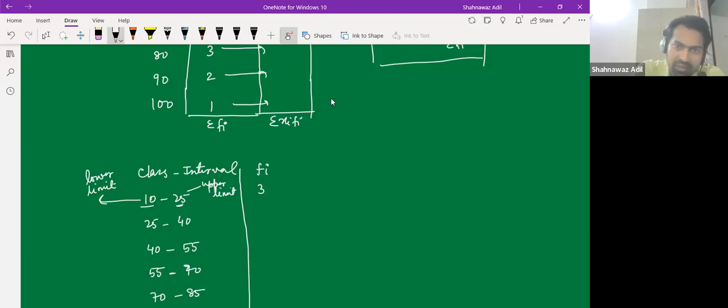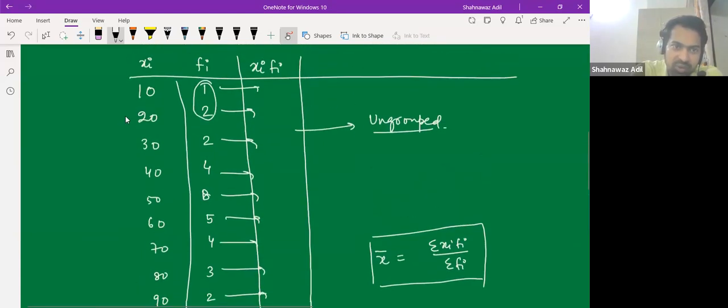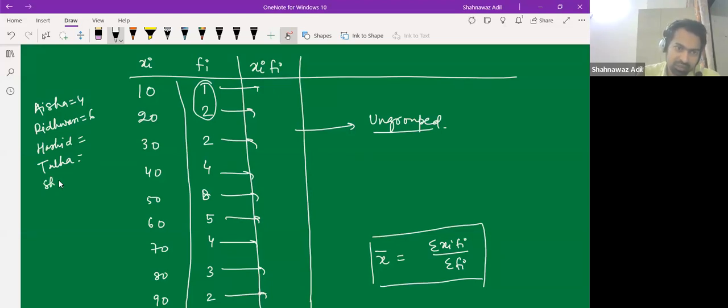Keeping that in mind, what would be from 25 to 40? Aisha is saying 4, and Rizwan is saying 6.